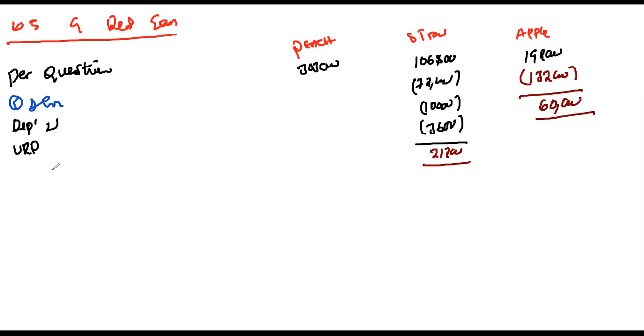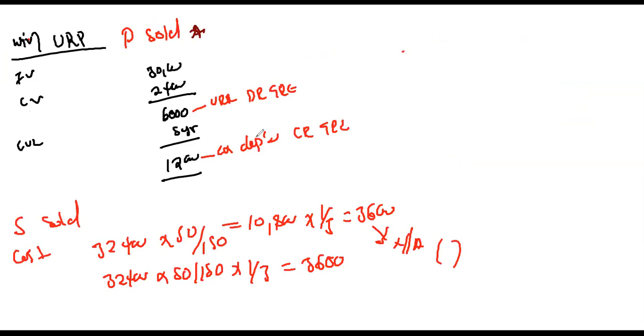So now we come to the parent. Remember, there was a point where the parent sold to the subsidiary something here. URP. P sold. So we said we are going to remove the 6,000 from the parent and then add back the 1,200.